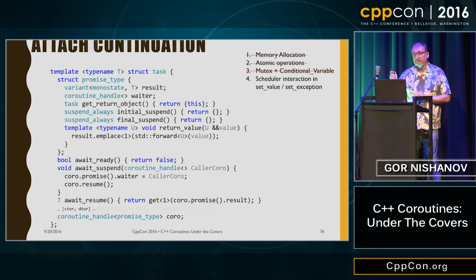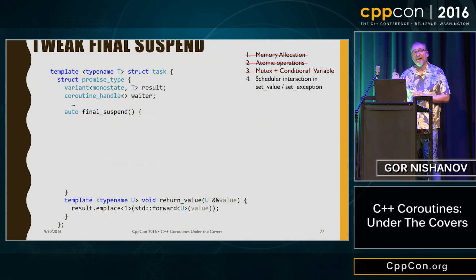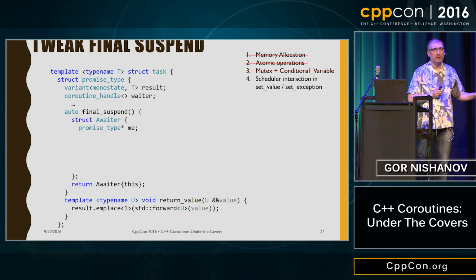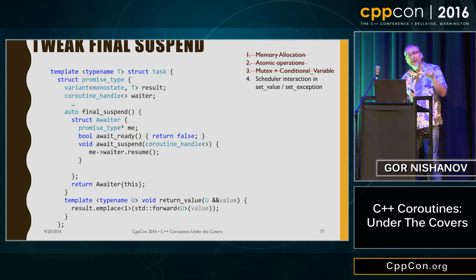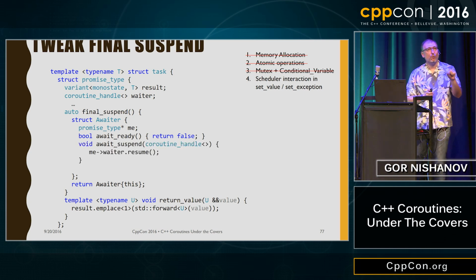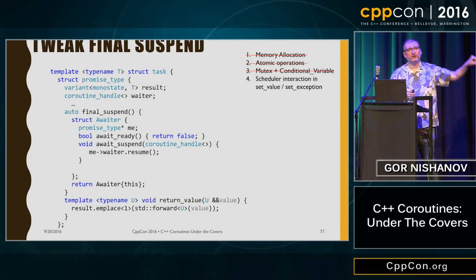So to do that, we need to modify the final suspend. Instead of returning suspend always like we did before, we will do something funny. We'll return an awaiter that says, I am not ready. Then, in await suspend, we will resume the waiter.